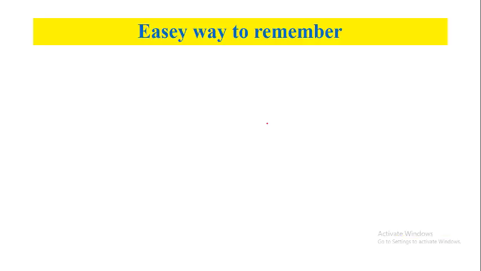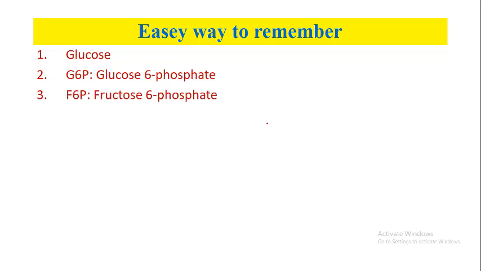Easy way to remember: if we know the product or substrate from each reaction, we easily remember these reactions. First substrate is glucose. Second product is G6P, that means glucose 6-phosphate.